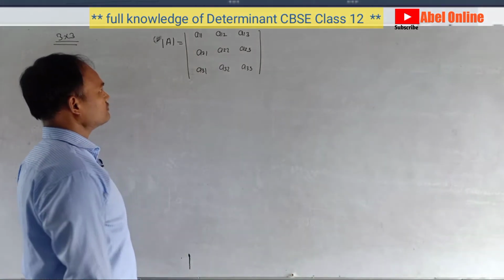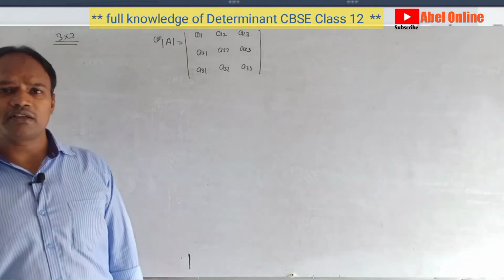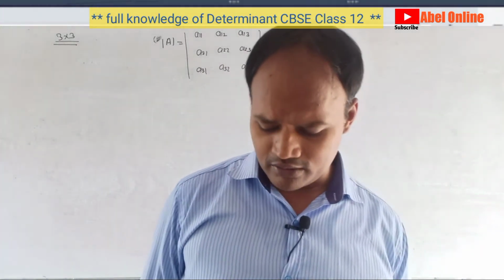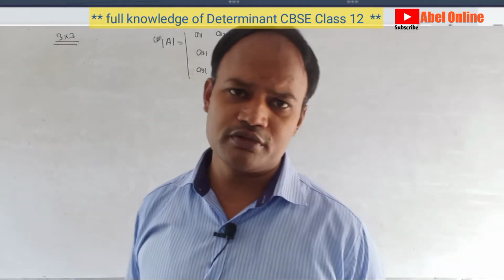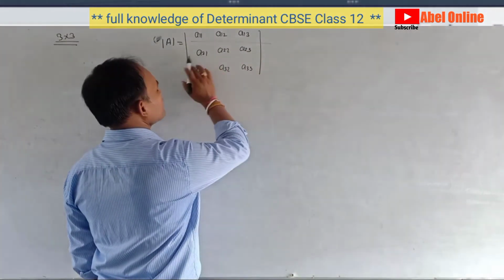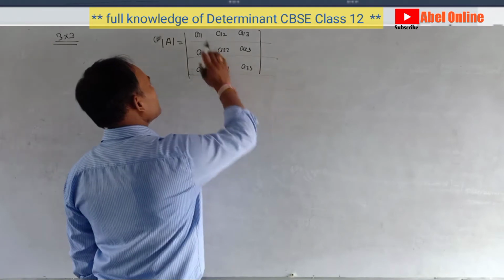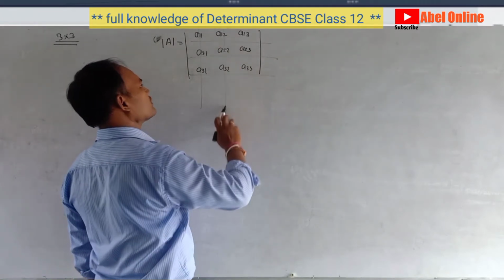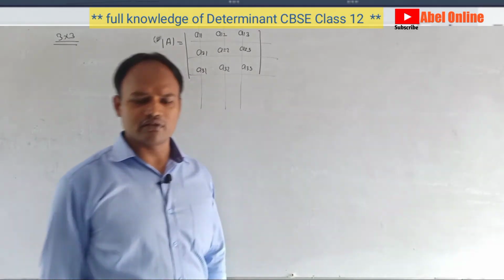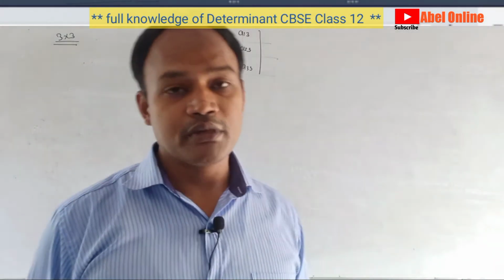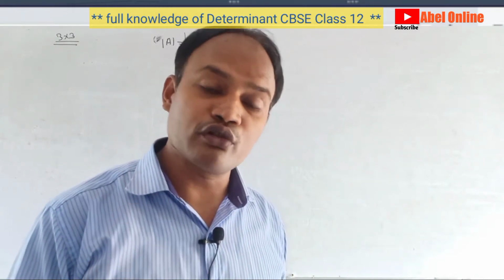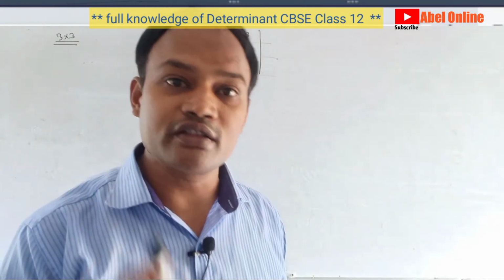Now when we are going to solve a 3 by 3 determinant, always remember we will open a determinant by a particular row or a particular column. So maybe open by first row, second row, or third row, or by first column, second column, or third column.